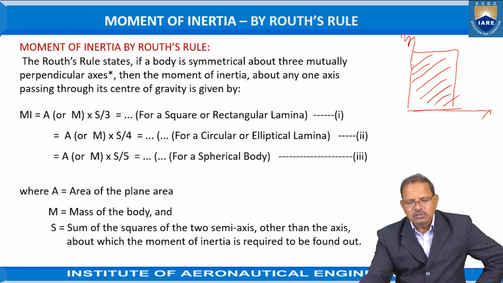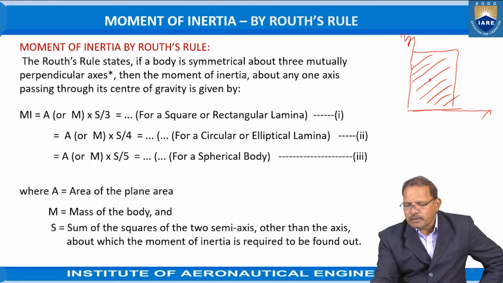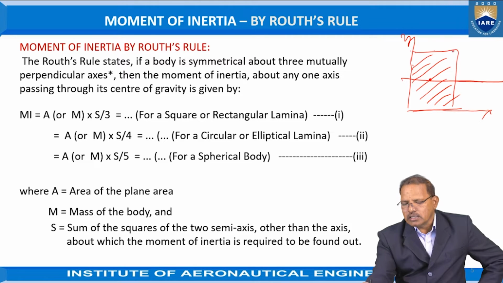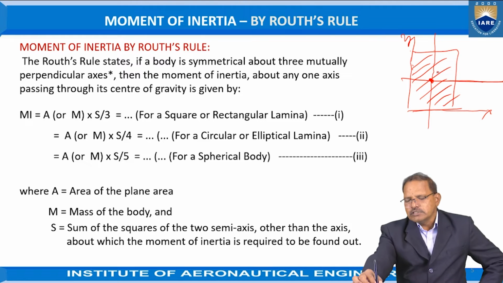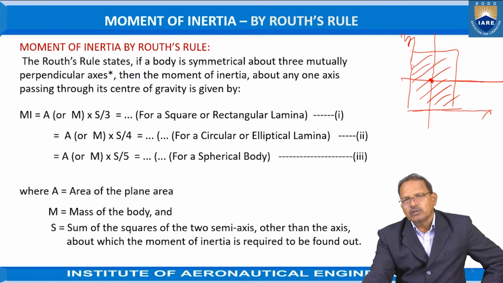According to Routh's rules, if a body is symmetrical about three mutually perpendicular axes, because if you take this object, it is symmetrical about the x-axis, the vertical axis, horizontal axis, as well as the z-axis, which is perpendicular to the plane of the area. That is, the three coordinates are there now: x coordinate, y coordinate and z coordinate. Here, since we are taking the object to be symmetrical, that is a regular figure.